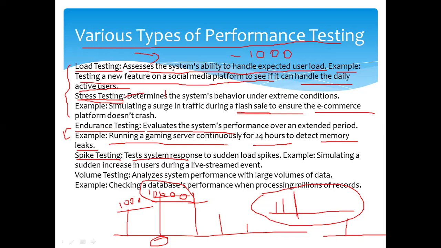Suppose initially the application only had 1,000, 2,000, 3,000 users logging in at the same time. But maybe on the flash sale, 10,000 users suddenly came. Then what may happen? If we are not doing performance testing before, there's a chance the application may crash, or the application may work properly depending upon their background, how they are managing the servers.